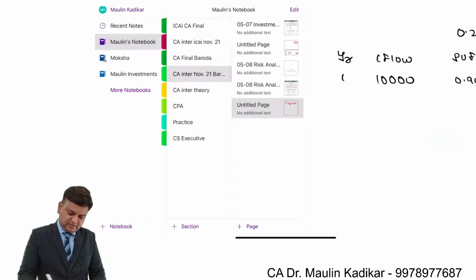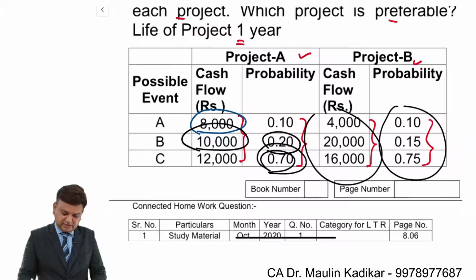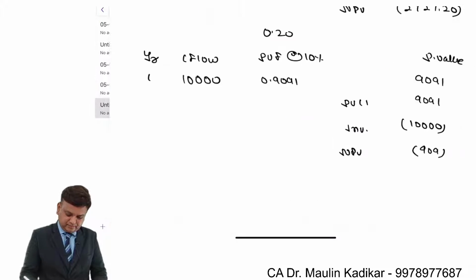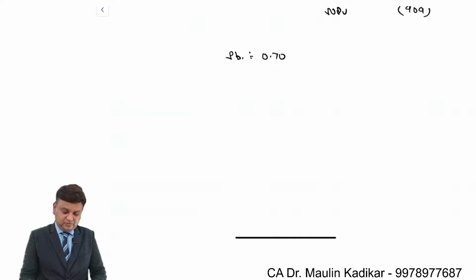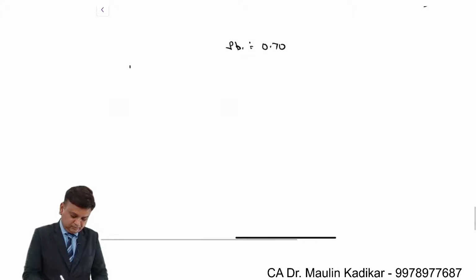Similarly for the last one, probability 0.70, year 1 cash flow is 12,000.